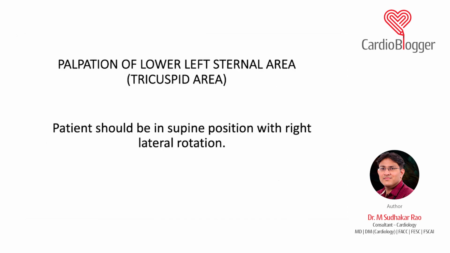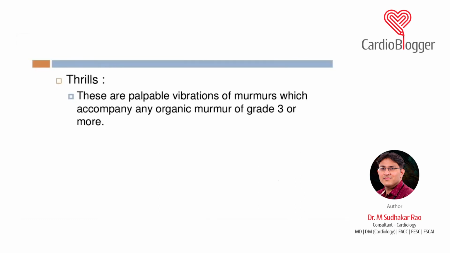Now again, coming to the palpation of the lower left sternal area. The next important thing are the thrills, which we have to always look for. Thrills are palpable vibrations of murmurs which accompany any organic murmur. A thrill, we know, has three important things. A thrill tells that the murmur is organic. That is the first thing.